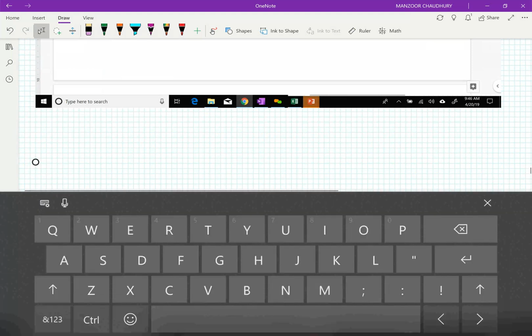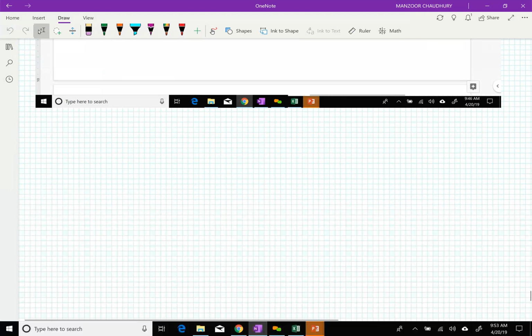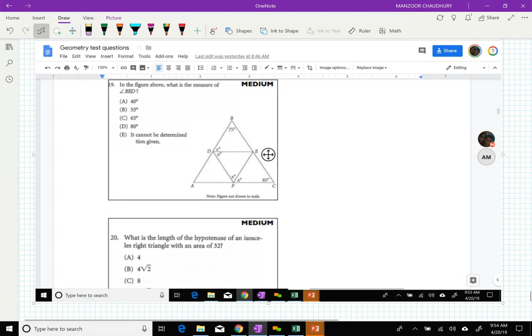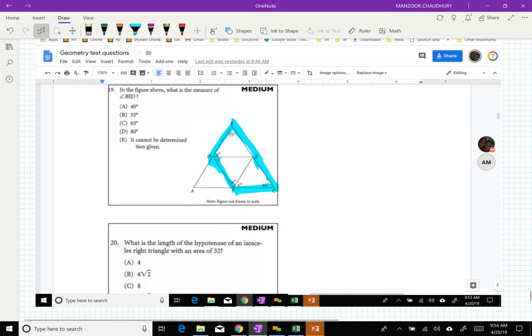So it should be like this. You can see the four angles here.